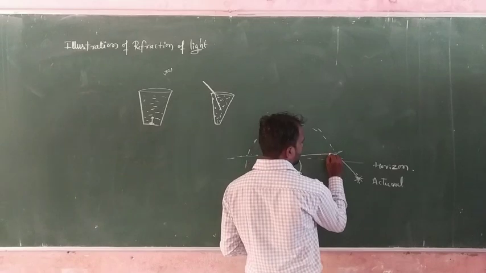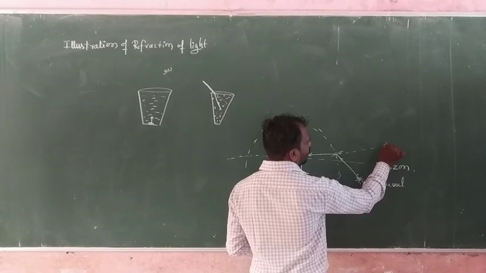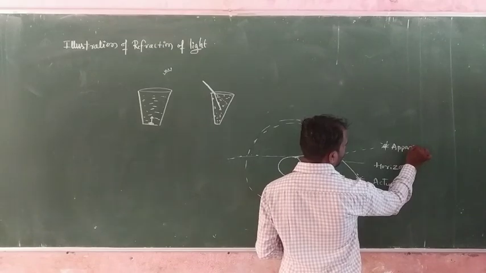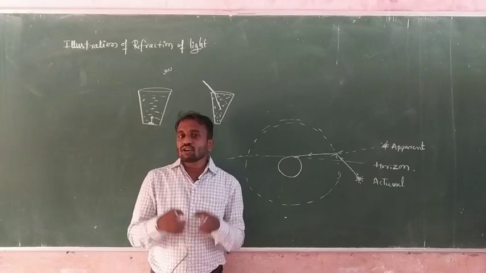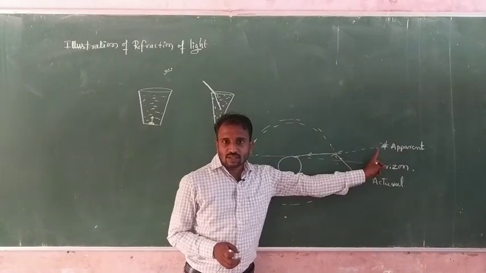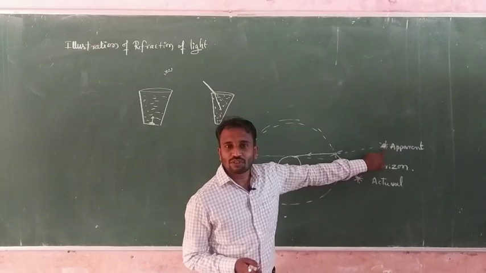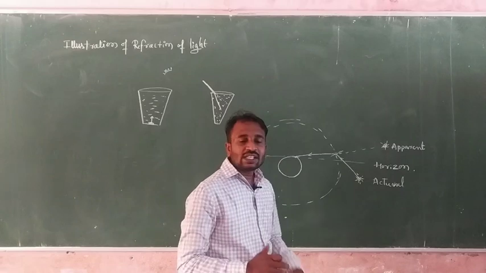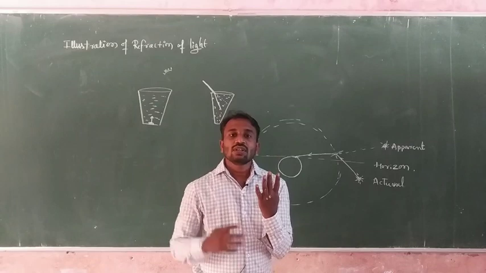If you extend this refracted light ray, here we get the apparent position of the sun. Suppose an observer observes this position of the sun. The observer thinks the light ray comes from the apparent position of the sun. For this reason, this refraction phenomenon increases the daytime by a total of 4 minutes.